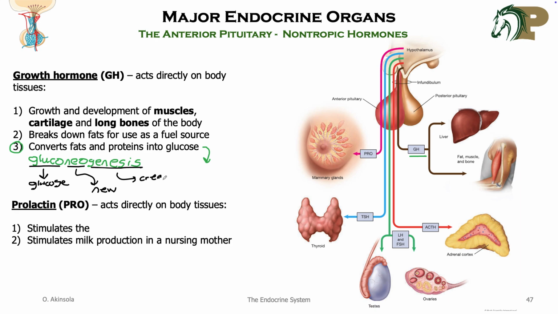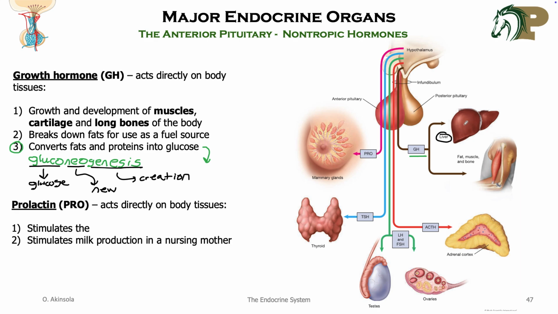So the term gluconeogenesis quite literally means new creation of glucose from fats and proteins. And that will actually happen in the liver. That's why the liver is pictured over here.